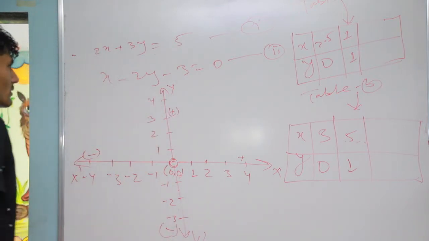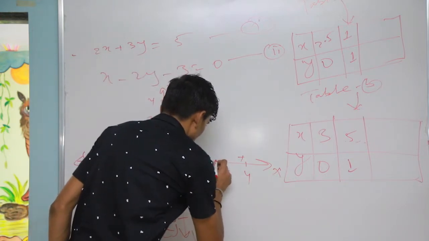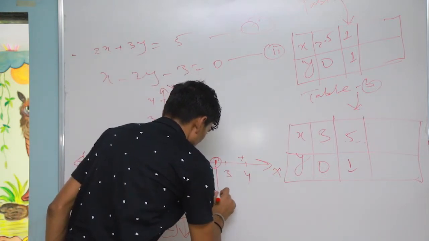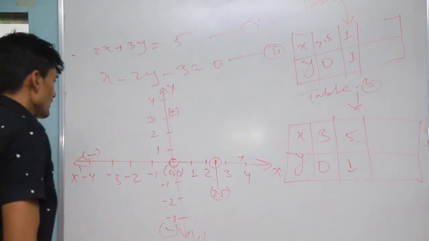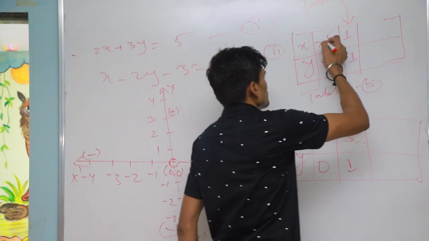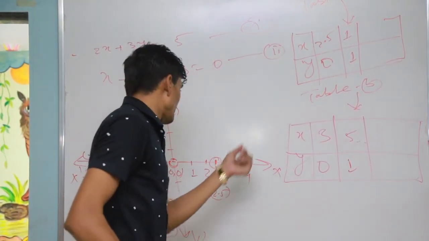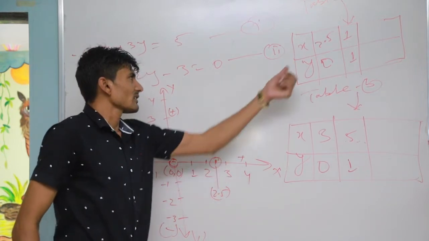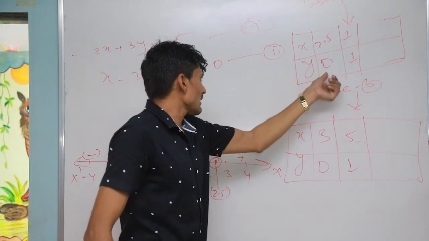Here we have x equal to 2.5 and y equal to 0. If x is 2.5 and y equal to 0, then that point will lie on the x-axis, because this is 2.5, which is positive, and y is 0.